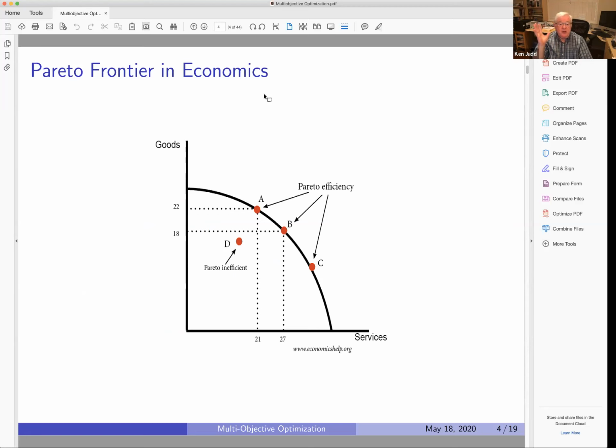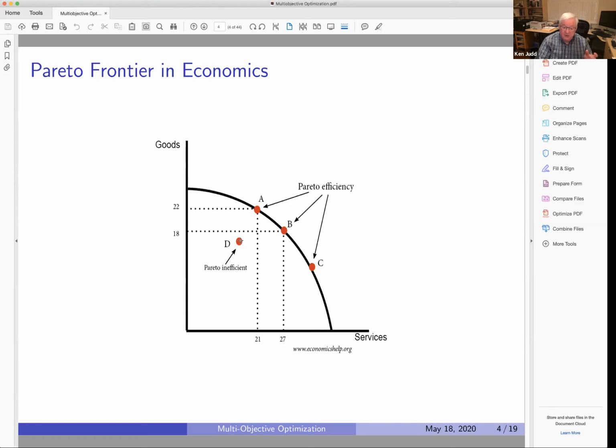Now, here's what we call the Pareto frontier in economics. Now, suppose you have 2 goods, goods and services. Those are 2 kinds of goods. So this is a representative of the production possibility frontier, let's say. These are the combinations of goods and services which are feasible for an economy to produce. And so points A, B, and C are all Pareto efficient points, because in order to get more of services, if you're at A, you want more services, you have to give up some goods.